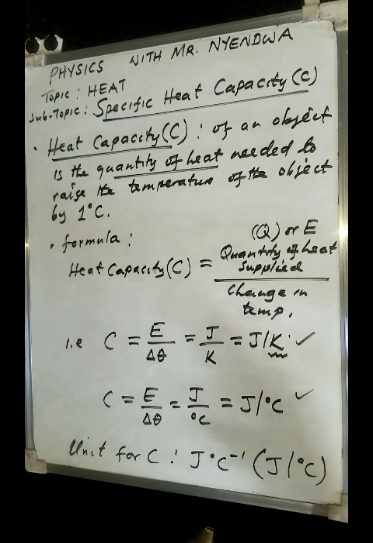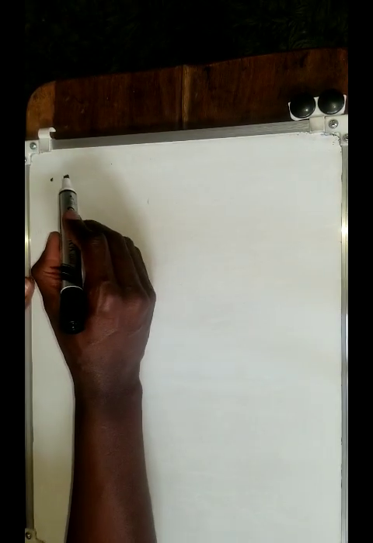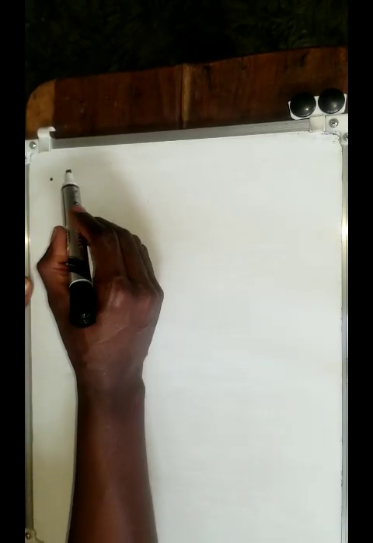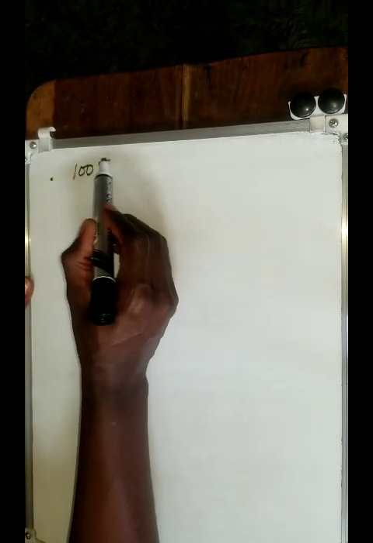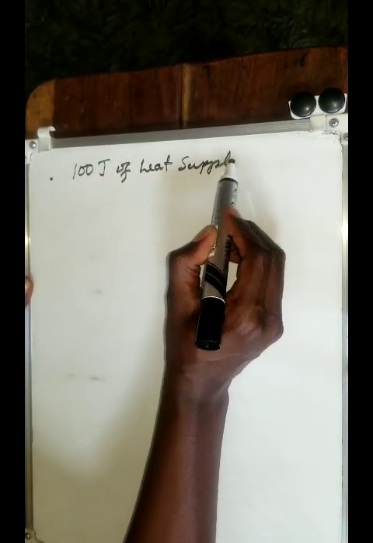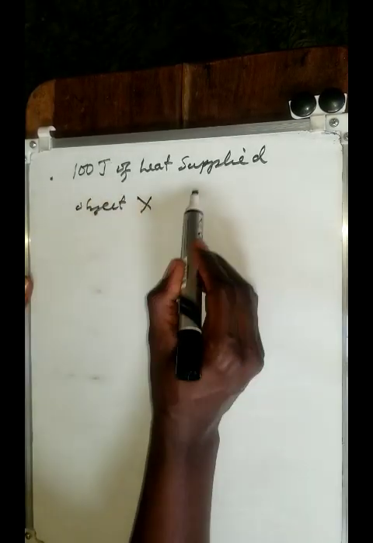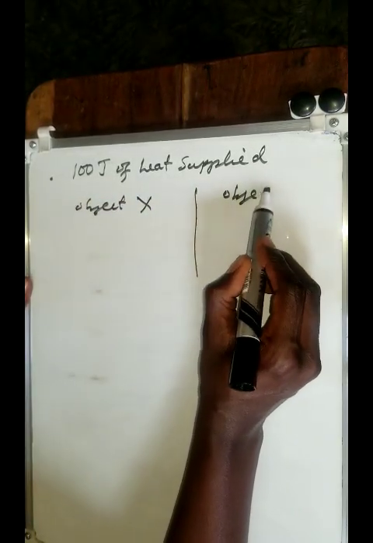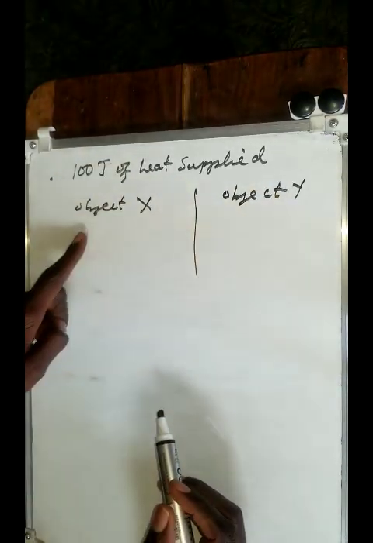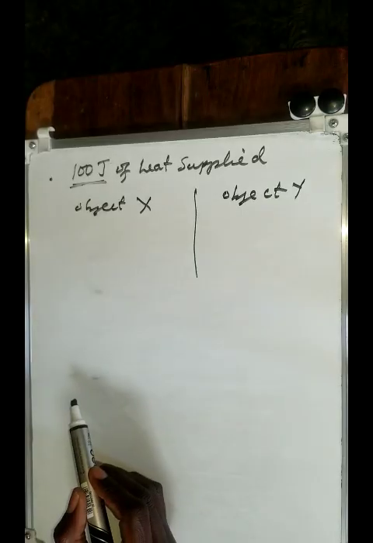But like we said, when we talk about different objects, they have got different heat capacity. Let me just demonstrate it this way. Let's say you have got 100 joules of heat that is supplied to two objects. Let me say I've got object X, and I also have object Y. To each of these, you are supplying 100 joules of heat energy.